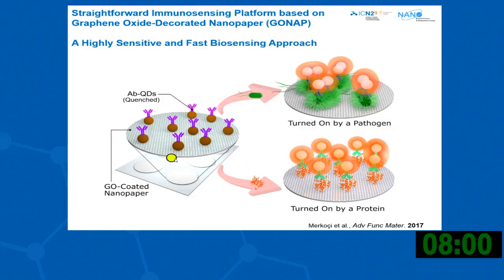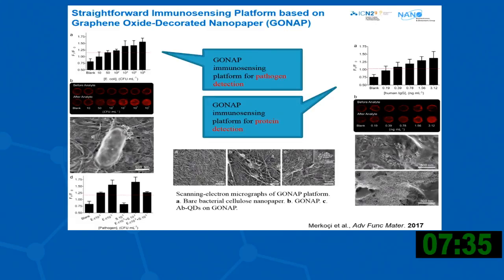We start from a system that is already quenched, and upon interaction with bacteria, or proteins with these antibodies, depending on the receptors we put here, we have a turned-on fluorescent system that gives a very nice response directly, with no need even for washing. So we have a very simple system.